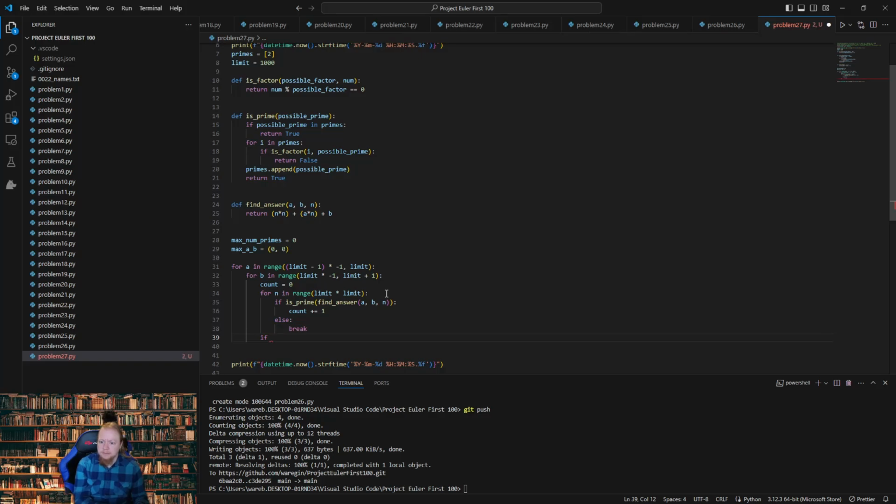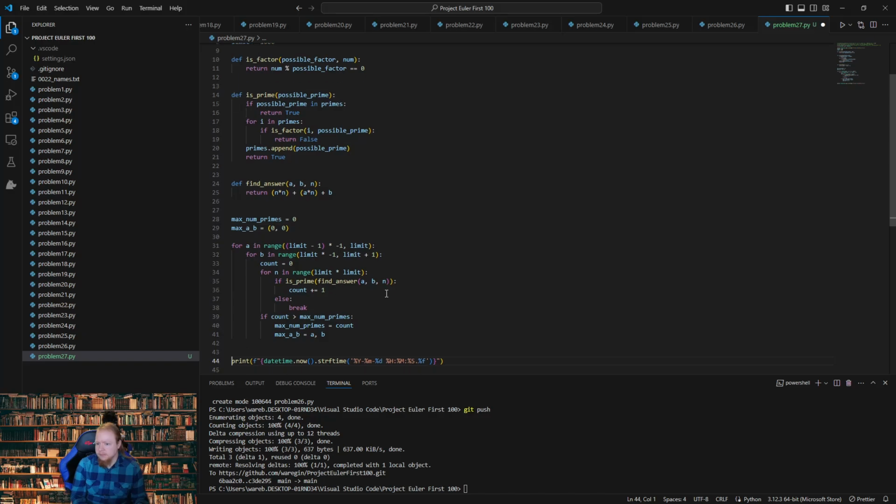If count is greater than max num primes, max num primes equals count, and max AB equals AB, which I believe should allow us to do this.